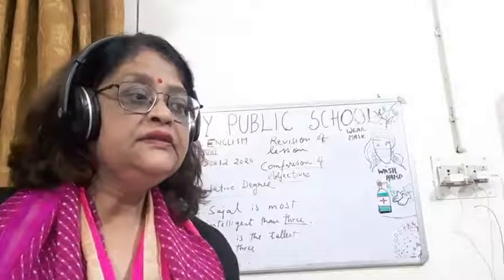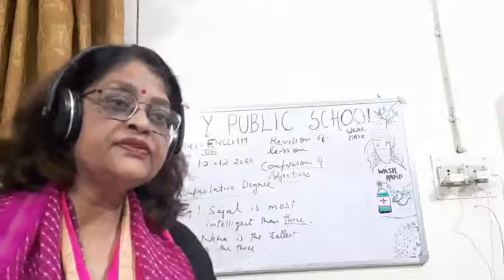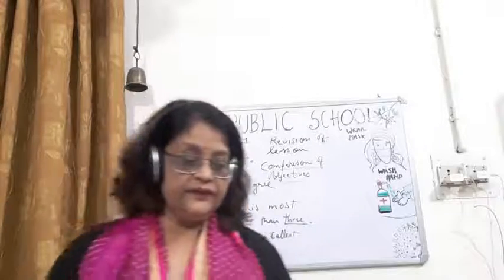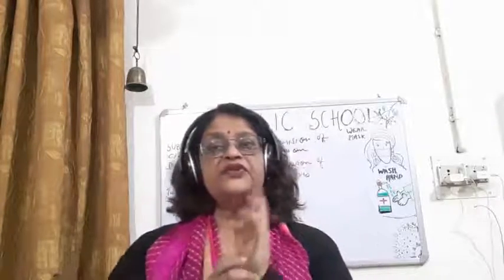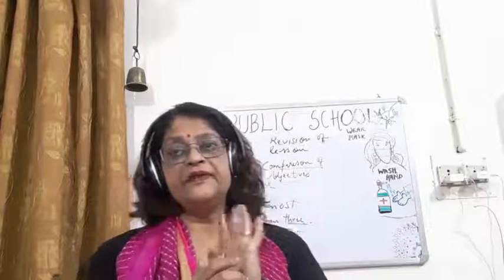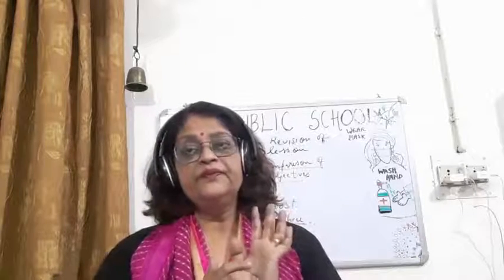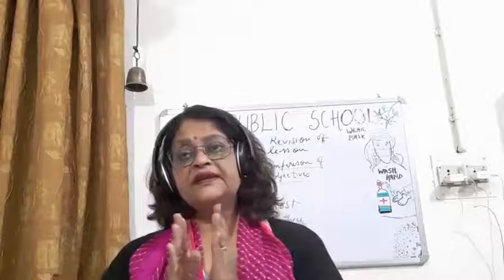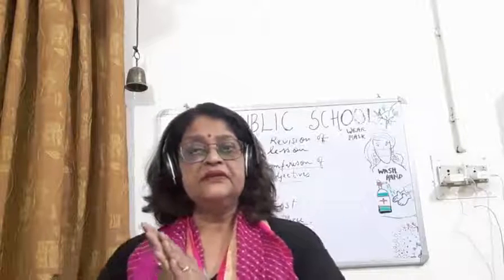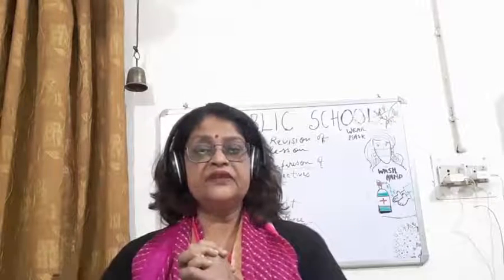Just remember, the positive degree is the simple adjective. In the comparative degree, there is a comparison between two things only, not more than two, and we use the word "than" after the comparative.